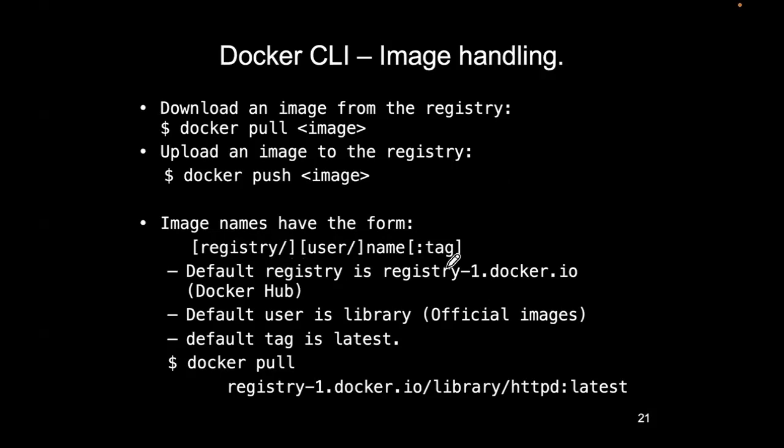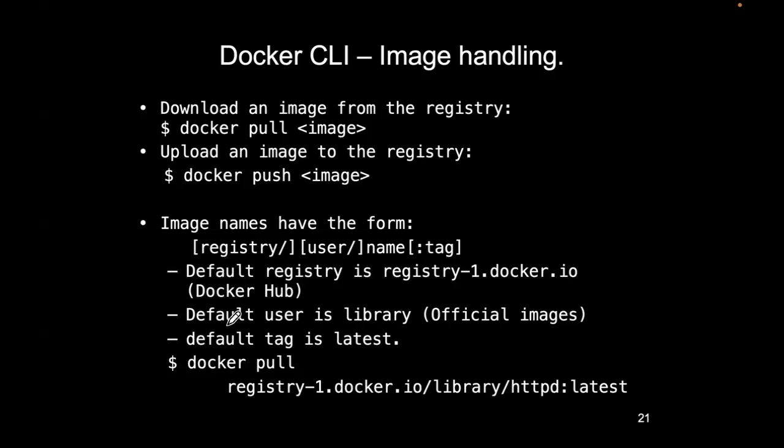This is the full name for Docker Hub. The default user is library. Library really means officially public images that are available in the registry. By public, we mean available to everybody. The default tag is latest.